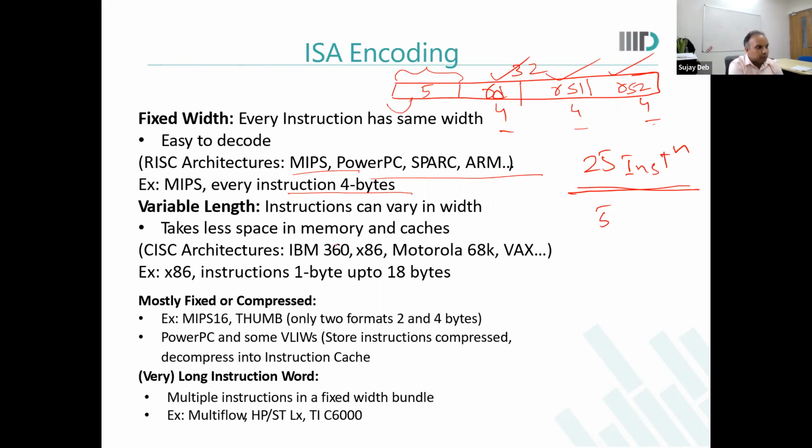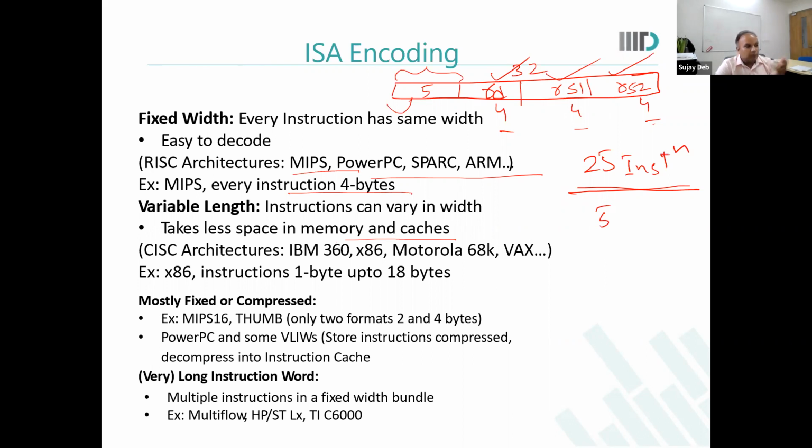It takes less space in memory and cache, because as I said, the very frequently used instruction you can reduce in width, and that saves your total code size, etc. But that also adds additional overheads, because now your hardware can't by default just read these 5 bits and get the output.